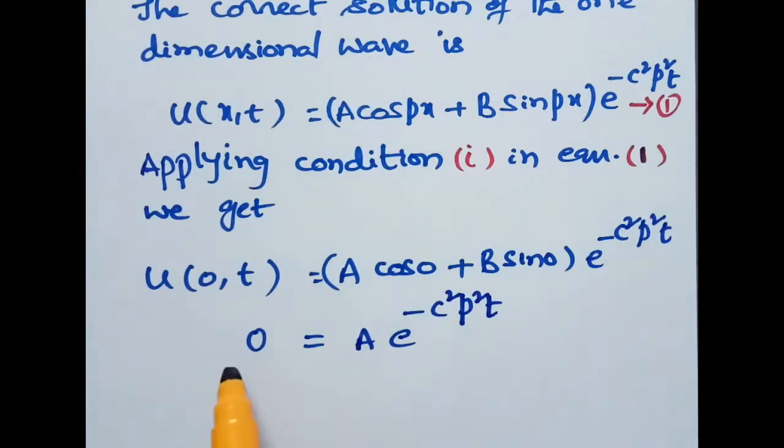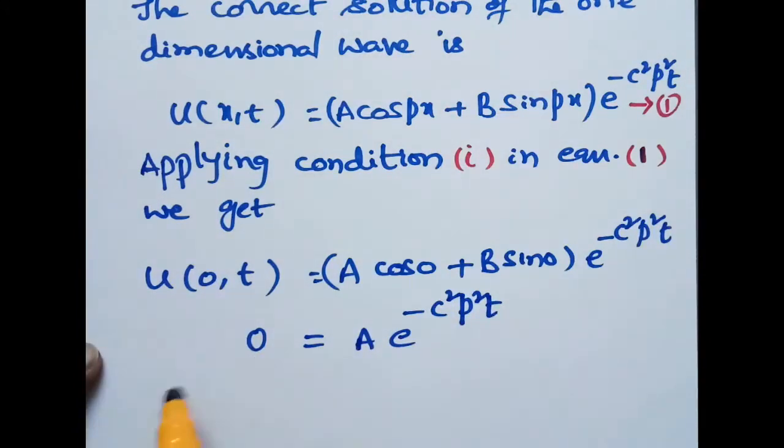That means either a equal to 0 or e to the power of minus c square p square t equal to 0. Here e to the power of minus c square p square t is not equal to 0 since it is defined for all values of t. In the boundary condition, u of 0 comma t is equal to 0 for all values of t. Even for t equal to 0, this value becomes 1 but not equal to 0, exponential value.